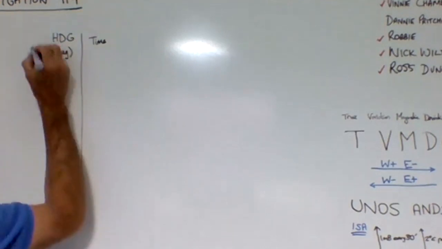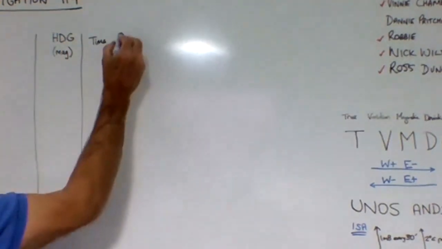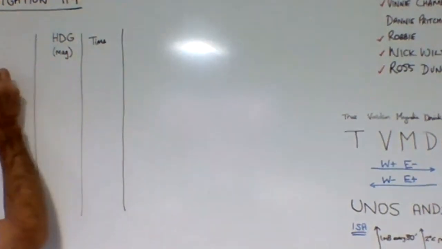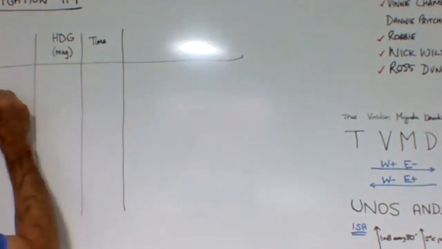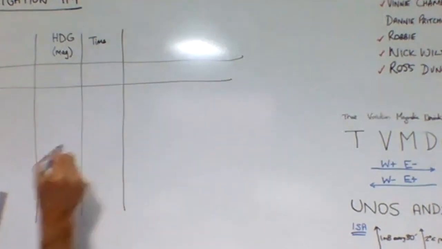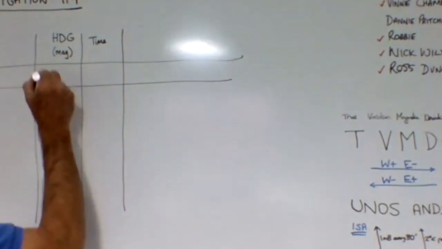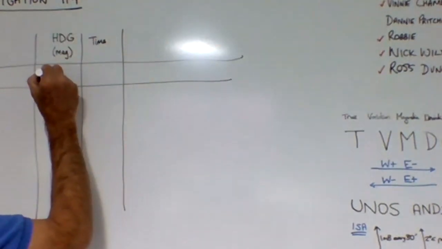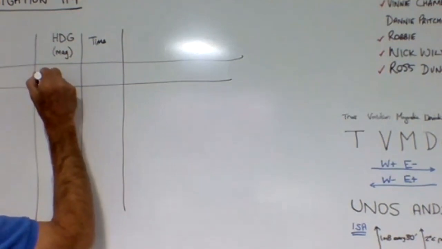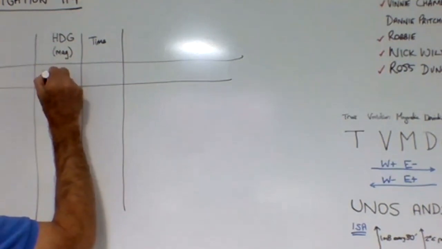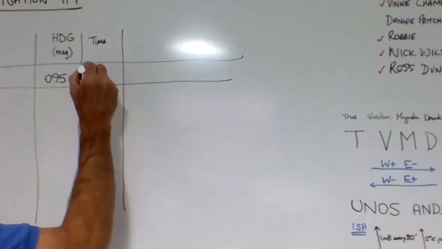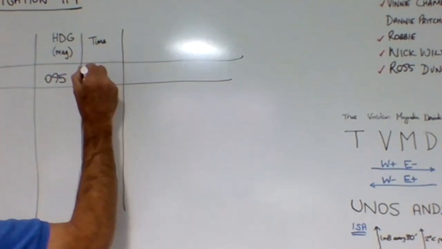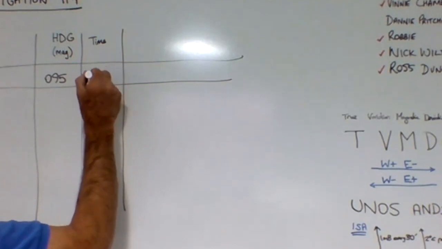So this would be a typical plog. For each leg you'd have a heading, let's say 095, and the time is going to be say 22 minutes.